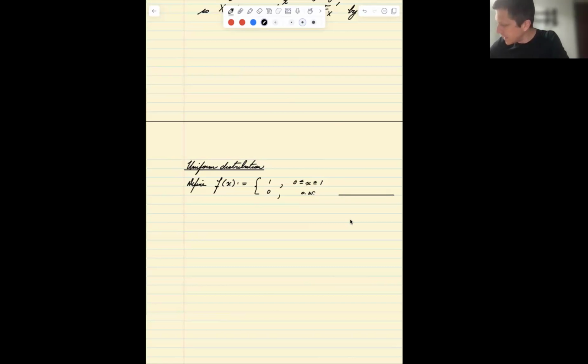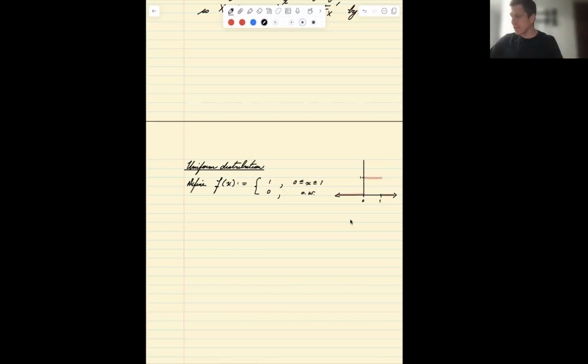So if this is the real number line, the density is going to be 0 outside of 0 and 1, and then it jumps up to the value 1 at 0.